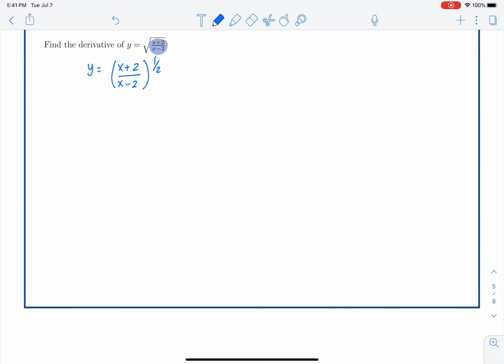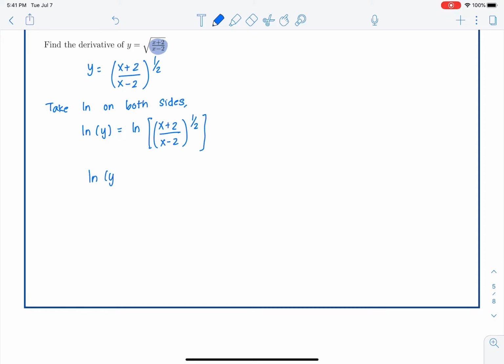So I'm going to take ln on both sides, so I could make the process of finding the derivative simplified. So take ln on both sides, so we'd have ln of y equals ln of x plus 2 over x minus 2 raised 1/2.